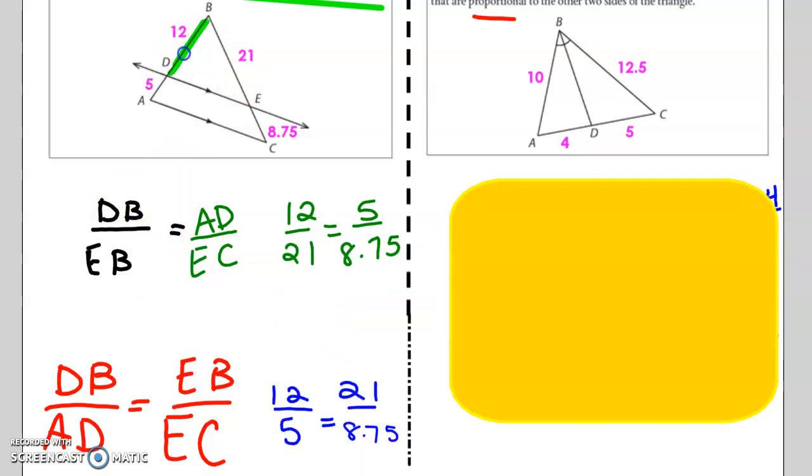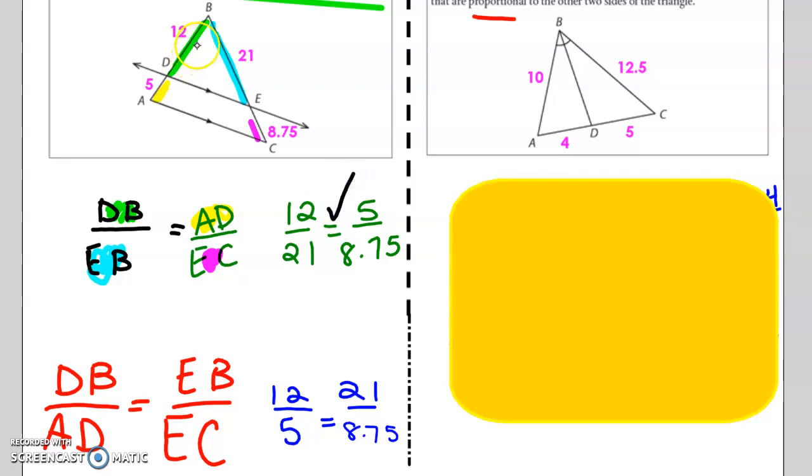So I could say DB over BE, and that will equal AD over EC. So I substituted the values for each of those segments and it does check out. The two fractions are equal to each other.